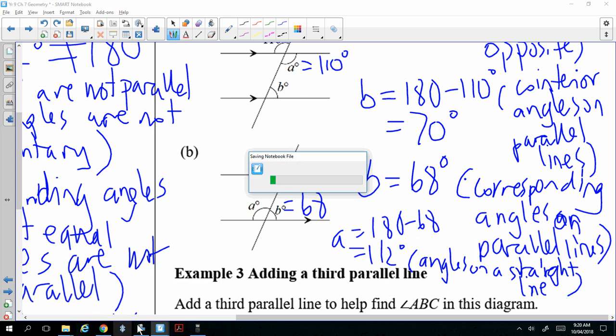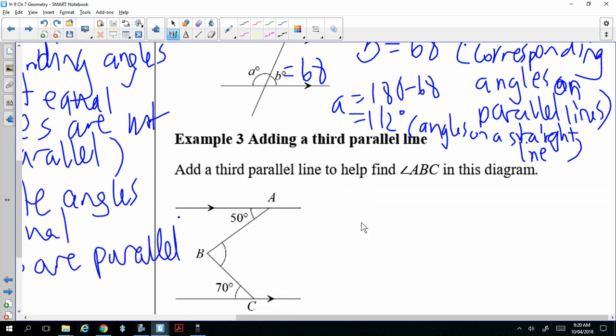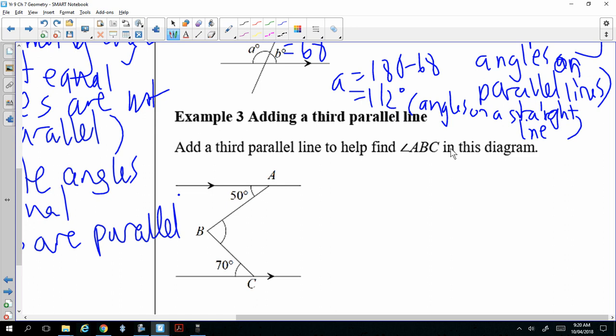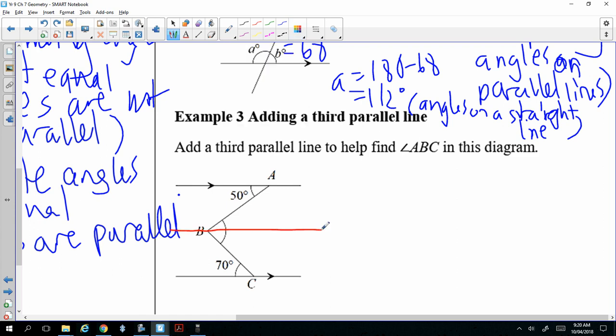All right, example 3. Let's look at a third example. This one, you have to add a line to find the angle. Yes, so in this case, you have to add a line in the middle here that's parallel to the other two lines. That will help us to find the missing angle ABC.